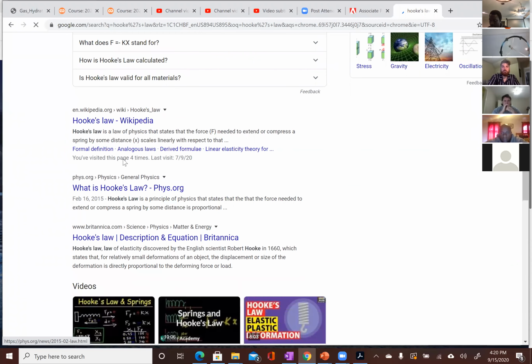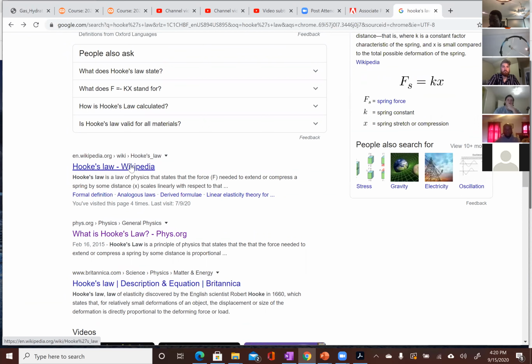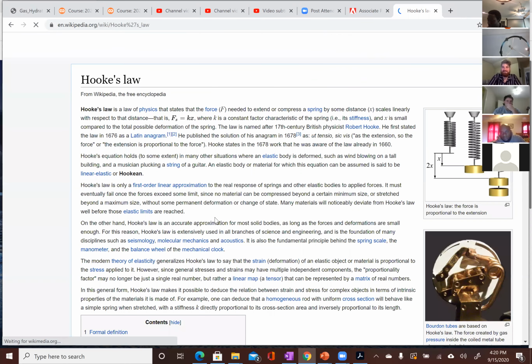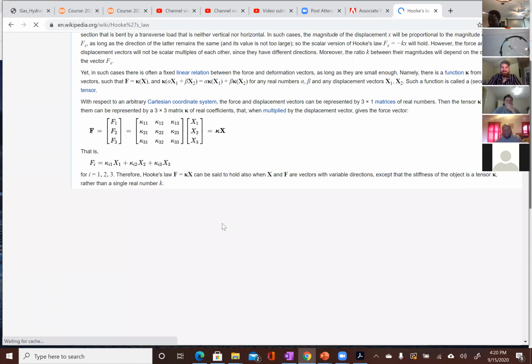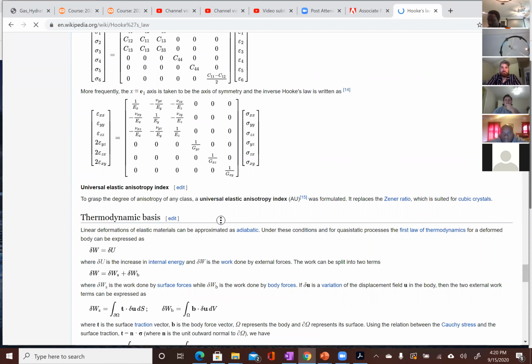Once you see Hooke's law on Wikipedia, no, you grabbed the wrong one. Just scroll to the bottom. You're looking for a table. It's also in some textbooks, but nothing special.